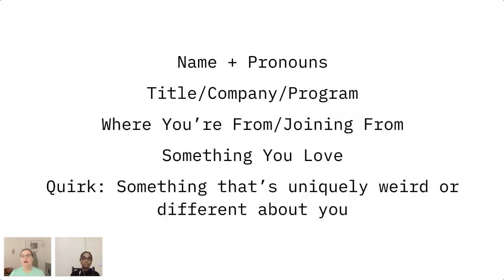I'll go first as an example. My name is Jenna. My pronouns are she, her. I'm a cloud developer advocate for IBM. I'm currently joining from Detroit, although technically I work in Austin. My team members were in New York, and now we're just kind of everywhere.